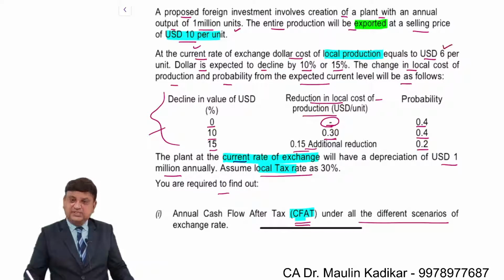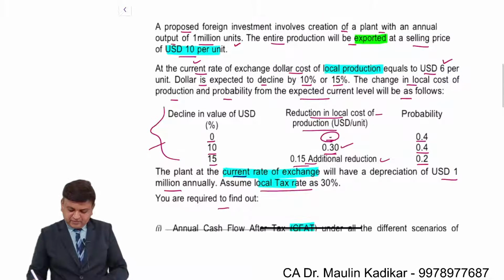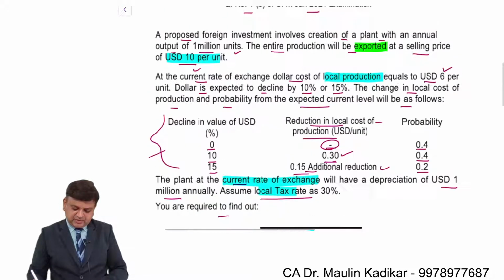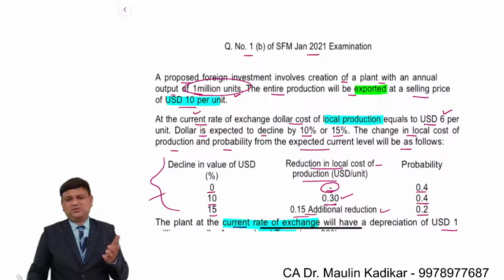Variable cost will be 6 in the first case, 5.7 in the second case, and 5.55 in the third case. Selling price minus variable cost gives the contribution, multiplied with the number of units. The number of units provided to us is 1 lakh. That will give us the total contribution. There is no other cost, so the contribution itself is the profit before depreciation and taxation.